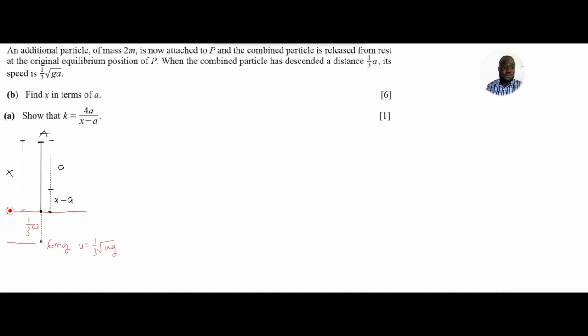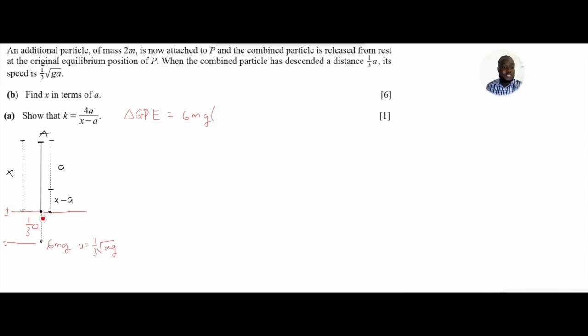So this is level 1 and this is level 2, change in gravitational potential energy. That should be equal to the mass of the combined particle times acceleration due to gravity times the change in height.